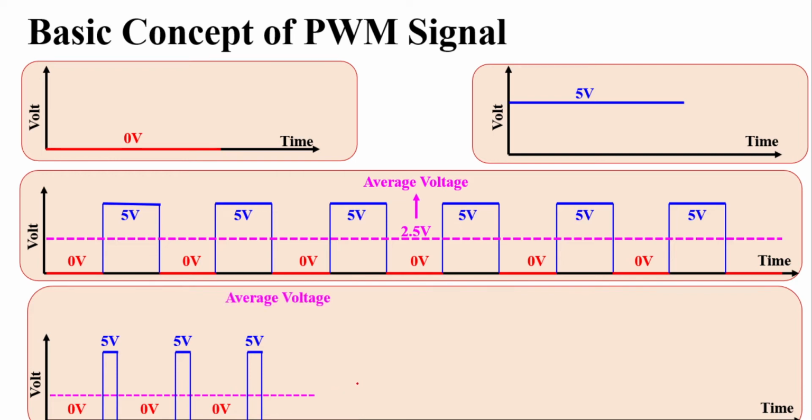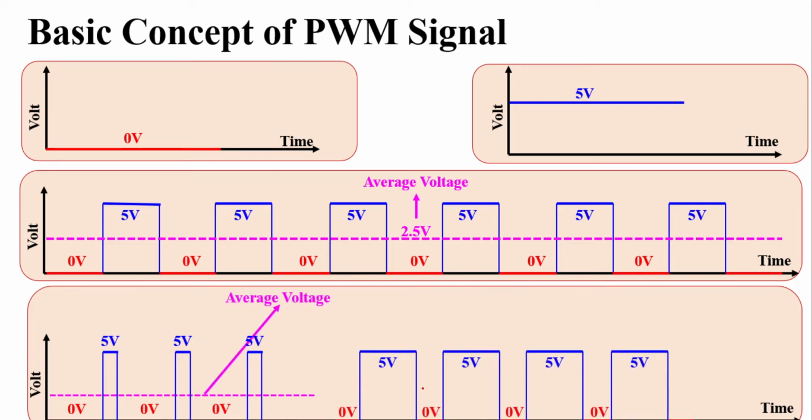Now suppose after some time we generate another signal in which we have a small time period for low voltage and a longer time period for 5 volt, which means it has a larger duty cycle. In that case, the average DC value of this square wave will be higher than 2.5 volt.